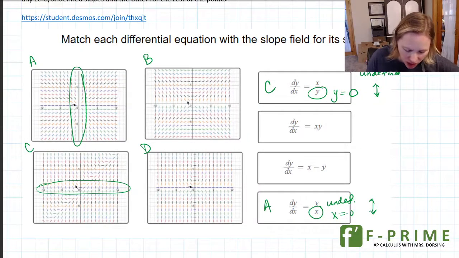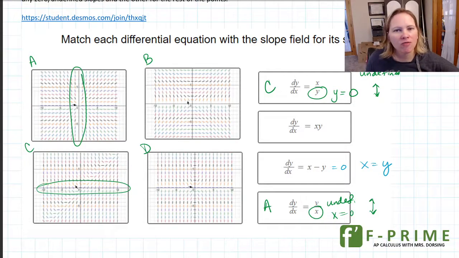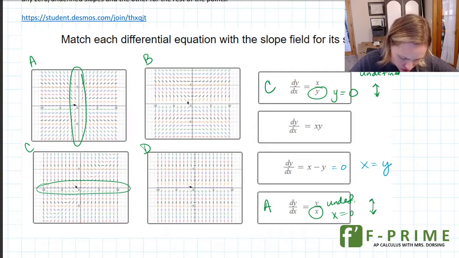Now, B and D, I've got to figure out which one goes to which. I'm going to use this right here: x and y, when they subtract, they equal 0. When x equals y, this slope is going to be 0. So all along the line y equals x, I should have 0 slopes. Is there an example where I have 0 slopes?